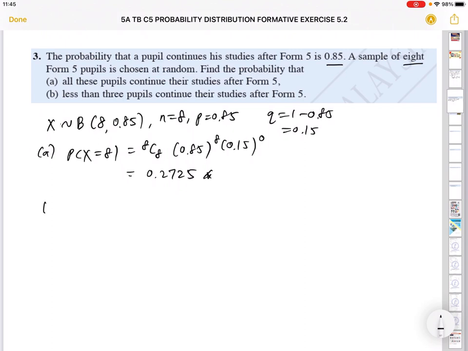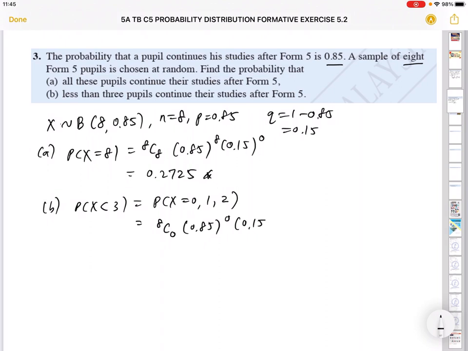Okay, second, less than 3 continue their studies. Less than 3 means it can be 0, can be 1, can be 2. Can it be 3? No, just 0, 1, 2. Now, to calculate this, I think it's better to write one on top of another. It's easier to see. P x equals 0 is 8C0, your P is 0.85, power 0, 0.15 power 8.